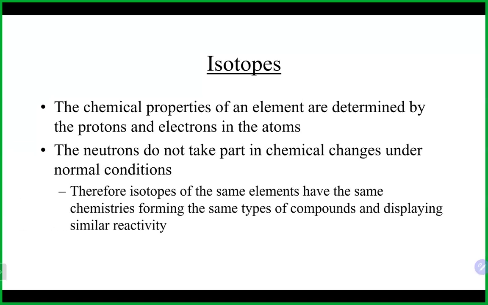One of the nice things about isotopes is that the chemical properties of elements that are isotopes are the same because, again, most of the time protons or neutrons don't really participate in any type of chemical reactions. So a lot of times people will use radioactive versions of elements, and they will do basically the same type of chemistry in the body, for example, as non-radioactive isotopes.